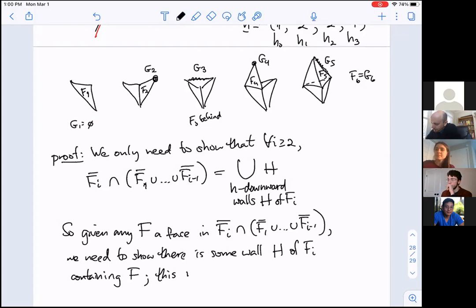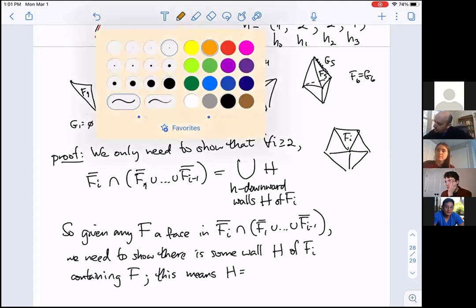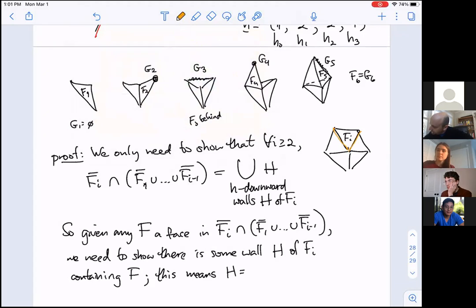Let's think about this. H being one of these downward walls from the Fi. Again, I should probably draw a little local picture. Here's the Fi. Here are the downward walls, these H's.